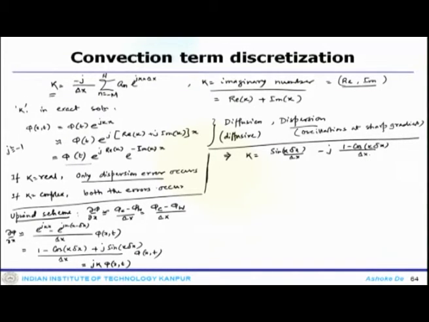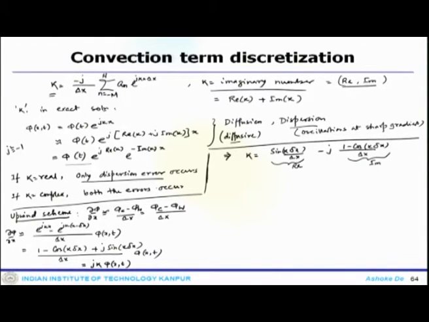So, it is clear that in the upwind scheme this is your real part and this is your imaginary part. That clearly shows that in the upwind scheme you will have both real and imaginary components, that means both kinds of error, diffusive and dispersive, will arise.